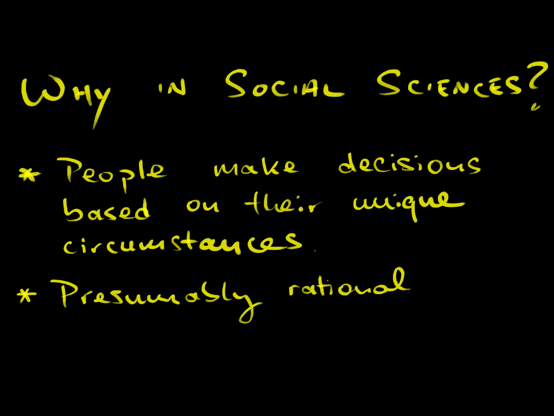In fact, I'm saying people make decisions based on their unique circumstances, and presumably people are rational. So you probably have a friend who loves to go to every keg party they hear about, right? Whether or not they're invited, they go to the keg party.